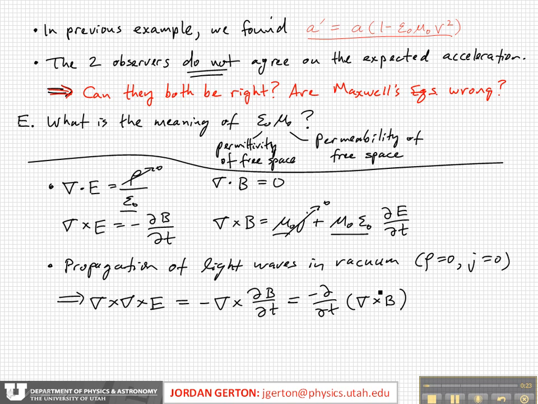Now the curl of the magnetic field is given by one of Maxwell's equations, and so this is now equal to minus epsilon naught mu naught times the second time derivative of the electric field. Okay.